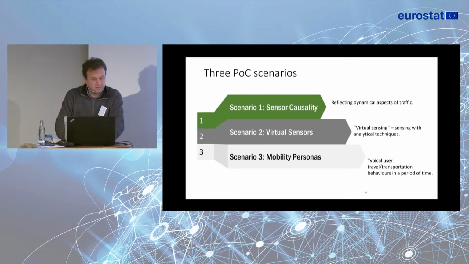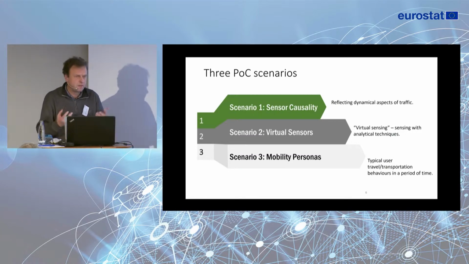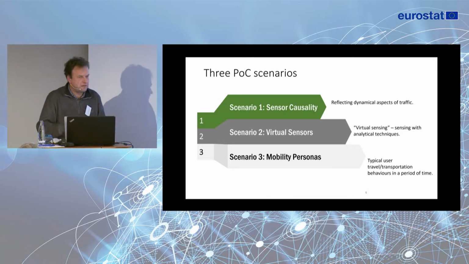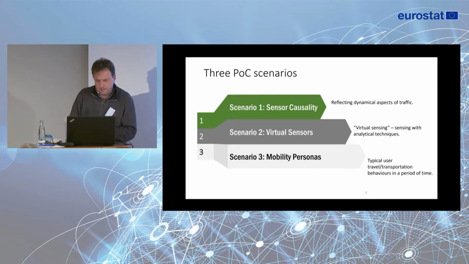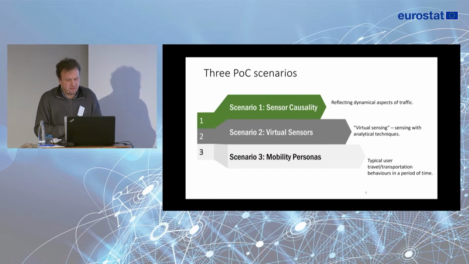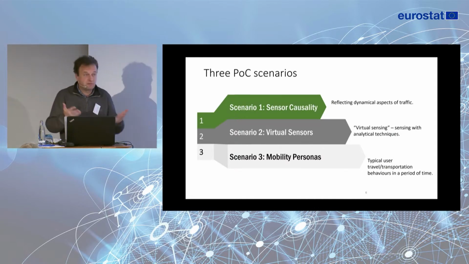So basically we have three proof of concept scenarios. First one is, so we wanted to add something a little bit, let's say, I wouldn't say less usual, but a little bit outside the usual counting thing. So the first one is sensor causality, right? So we have plenty of sensors. Today we talk about sensors in most of the presentations.